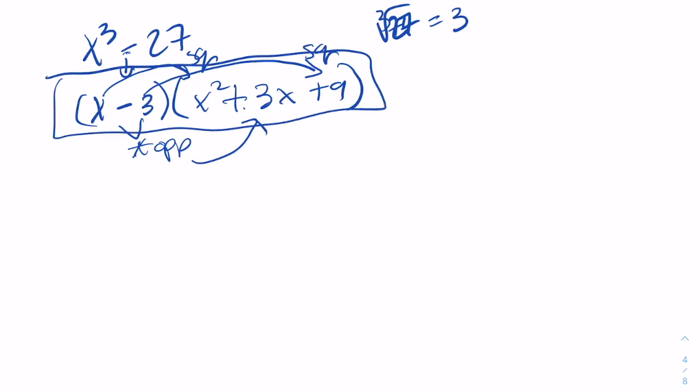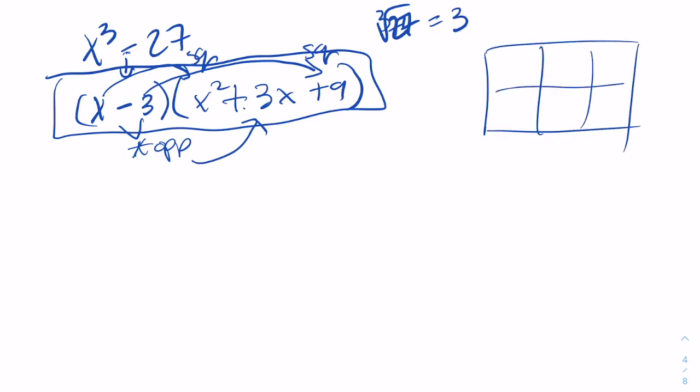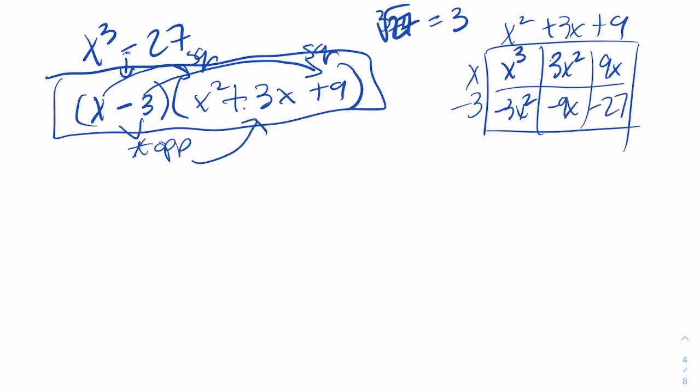Now, if you were to multiply this out, and you did x minus 3 times x squared plus 3x plus 9, you would end up simplifying to x cubed minus 27. So we can just do that real quick. So this is x cubed plus 3x squared plus 9x minus 3x squared minus 9x, and then minus 27.